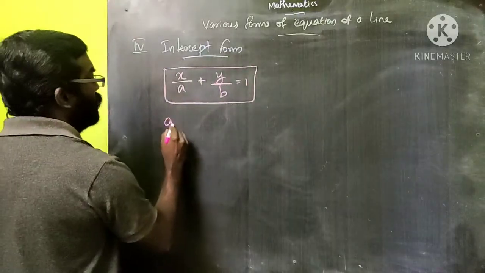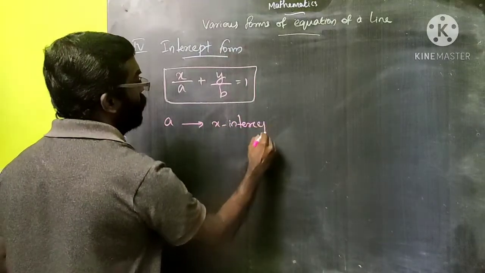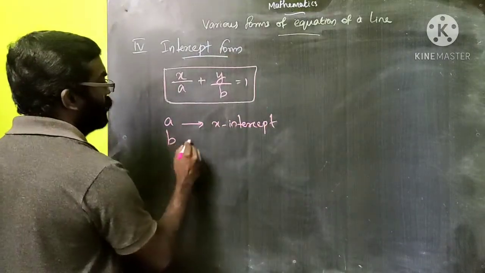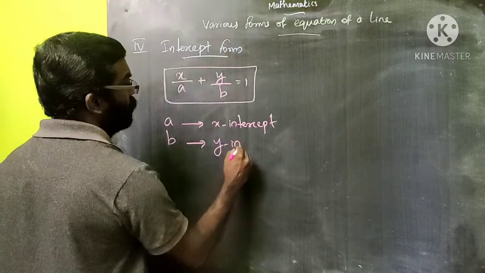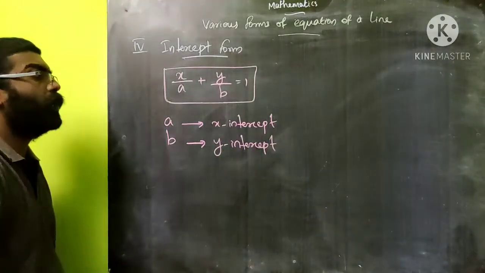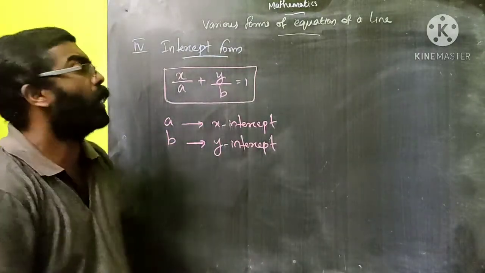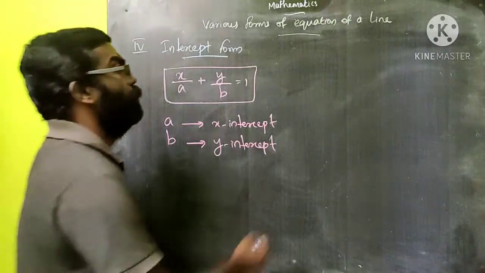Here a is the x-intercept and b is the y-intercept. So our equation of line is x by a plus y by b is equal to 1. Okay. And the fifth one is normal form.